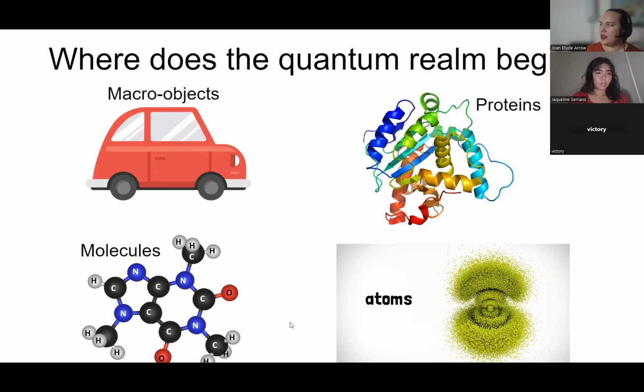Yeah, so I've been working on a lecture to talk about this, but have you ever been in an MRI machine? Do you know what they are? They're these big donut-shaped things. They can image soft tissue. Those use quantum properties to visualize macroscopic tissues in the human body. Typically, people don't think of large-scale objects like cars as behaving quantumly.